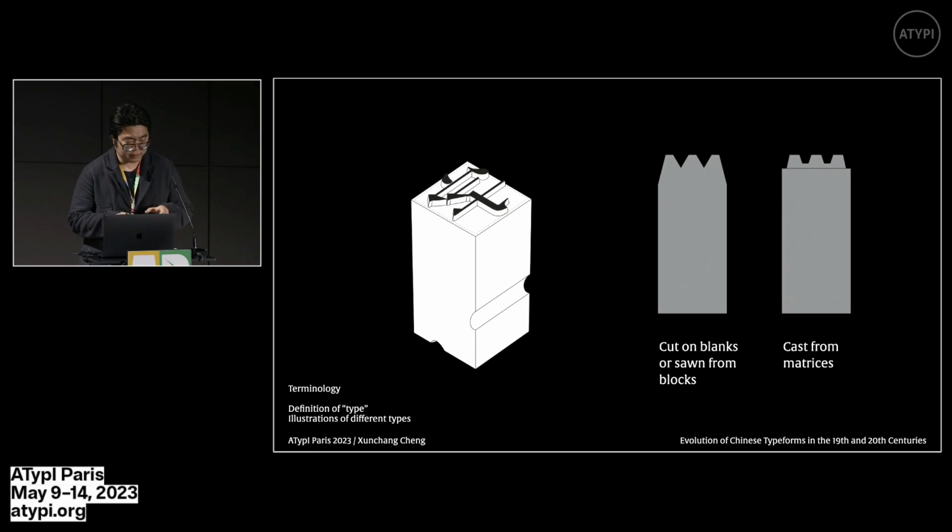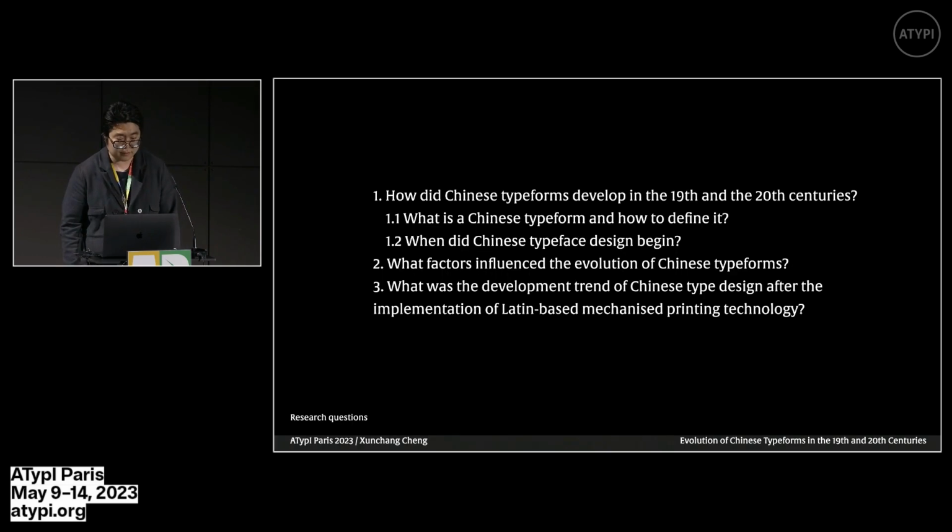In my research, type can be made of various materials, such as wood, ceramic, and metal. And there are 2 different types: one cut on the blank or sawn from wood blocks, and the other one cast from matrix. The main difference between these two types is that types cast from matrix can be mass produced.